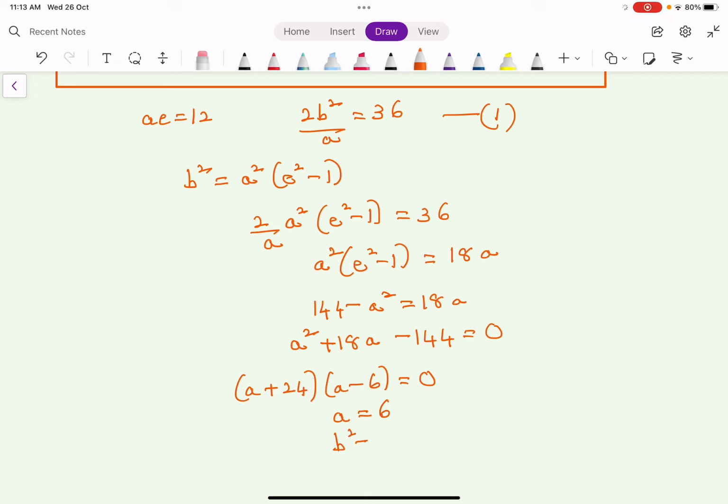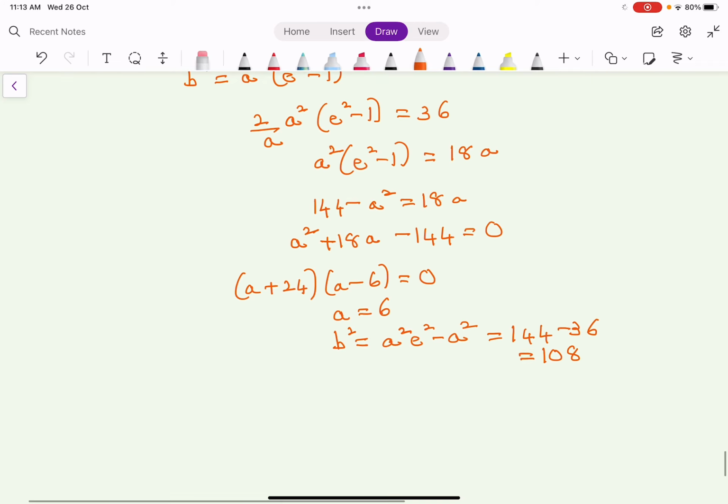So b squared is a squared e squared minus a squared. That is 144 minus 36, which is 108. Notice if I take a as minus 24, we get a negative value of b squared, which is not possible. That's why we take a as 6. So your equation is y squared by 36 minus x squared by 108 equal to 1.